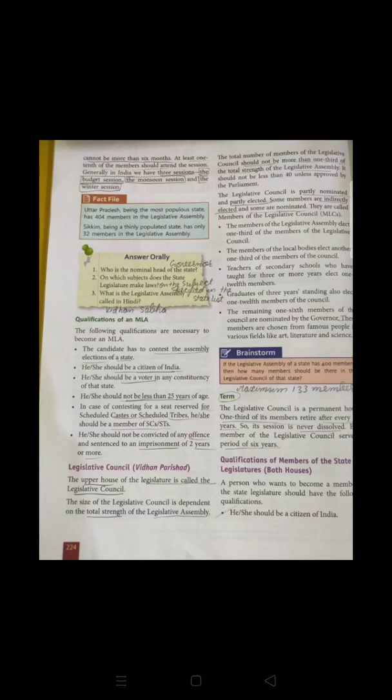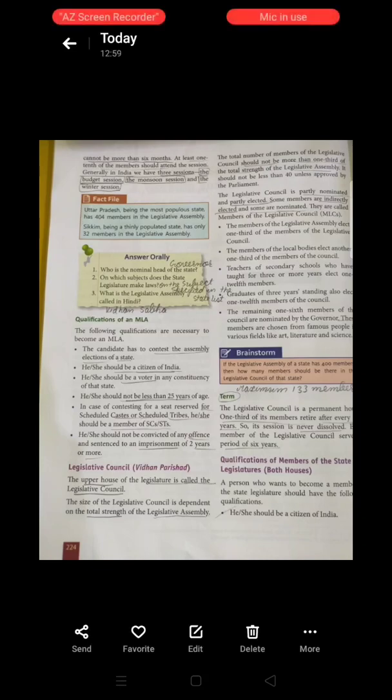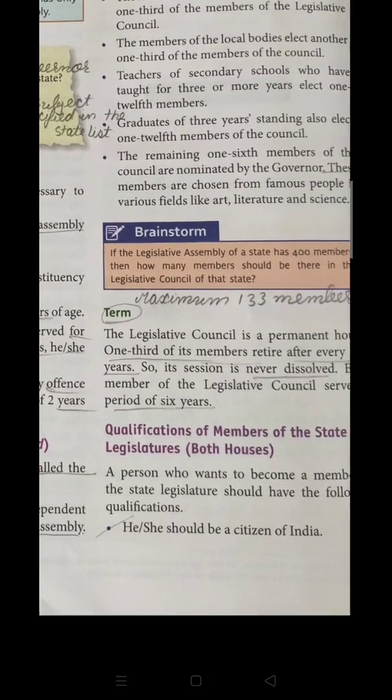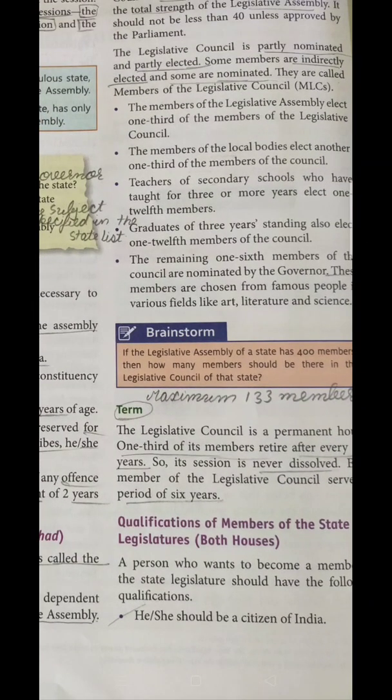The total number of members in the legislative council should not be more than one third of the total strength of the legislative assembly, and it should not be less than 40 unless provided by the parliament. So if the legislative assembly of a state has 400 members, then how many members should be there in the legislative council?